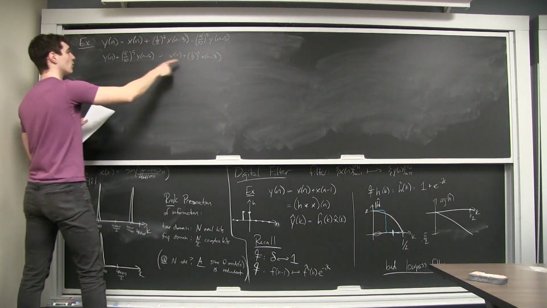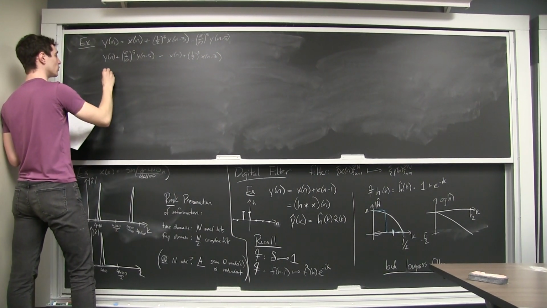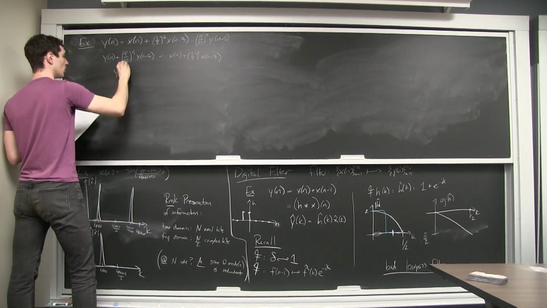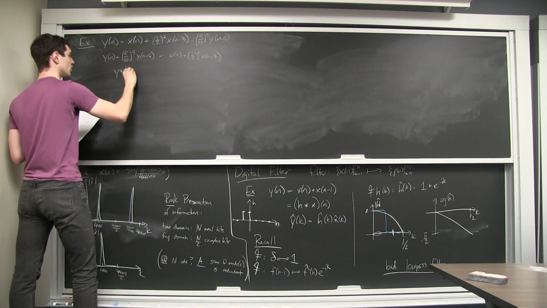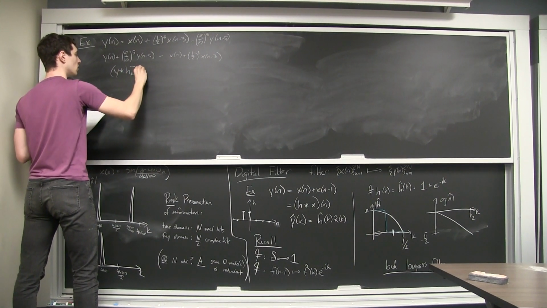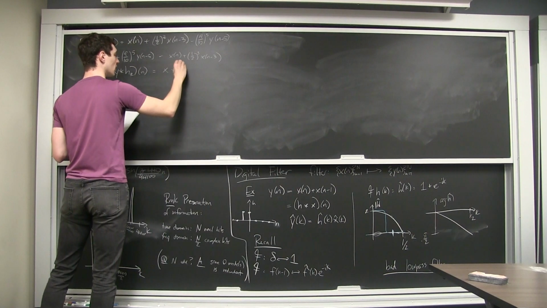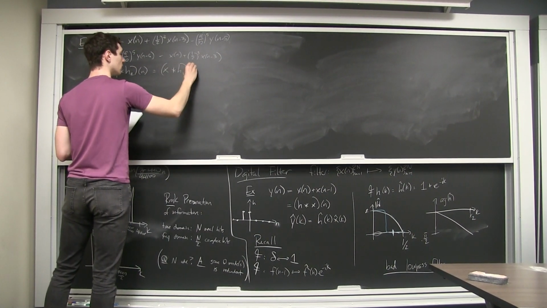Okay, and we see that now we can write both sides as convolutions. Let me write this as y convolved with h2, and this is x convolved with h1.